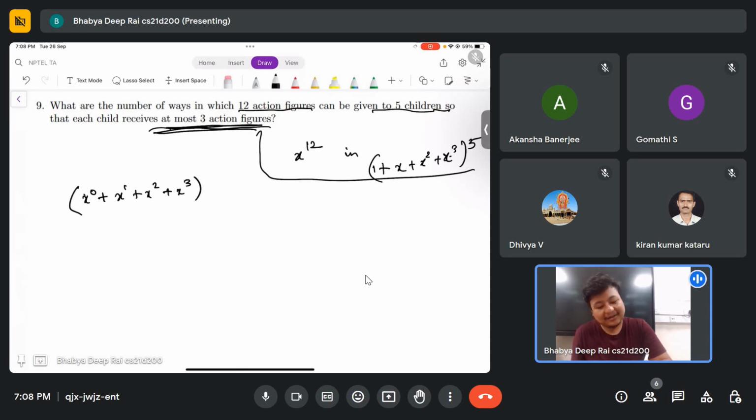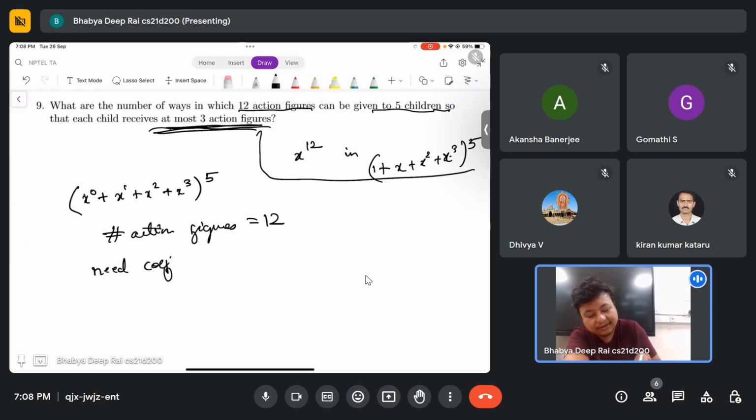So how many children are there? 5 children, so I can just do to the power 5. And what is the total number of action figures? The number of action figures is equal to 12. So we need the coefficient of x power 12 in the polynomial.